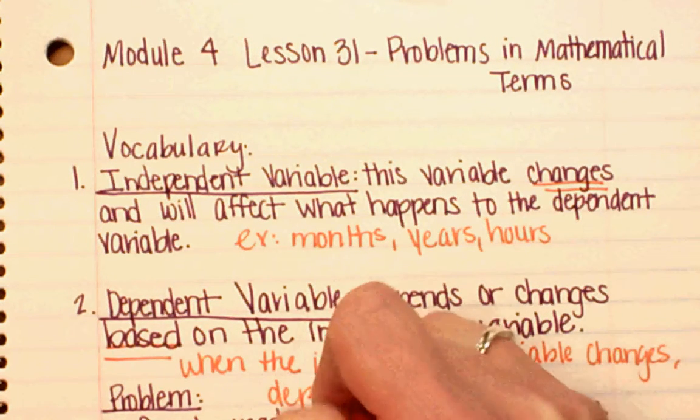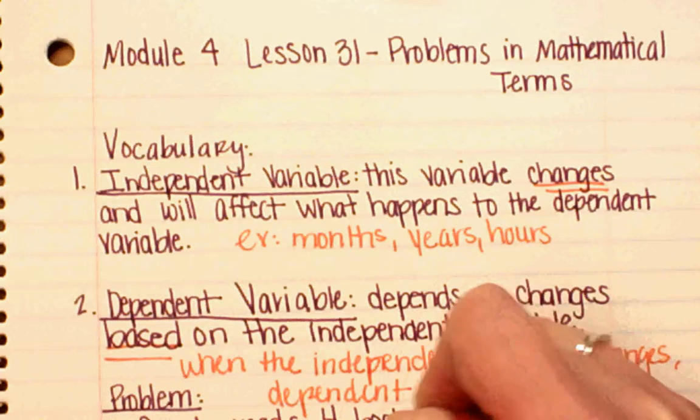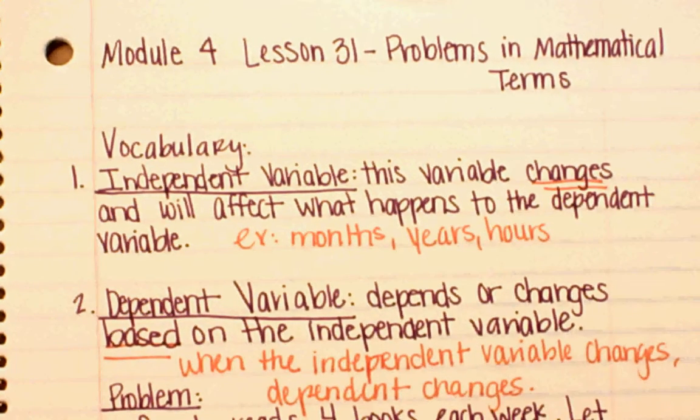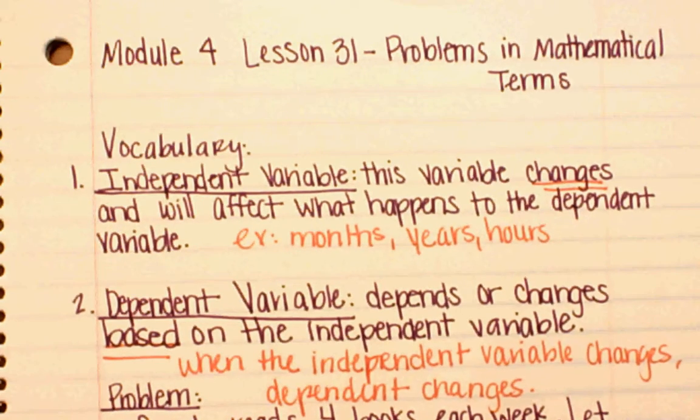Dependent changes. So in today's lesson, they're going to give you different word problems. And you have to identify the independent and dependent variable and create an equation to show how you solved.